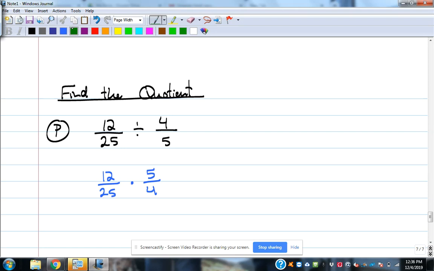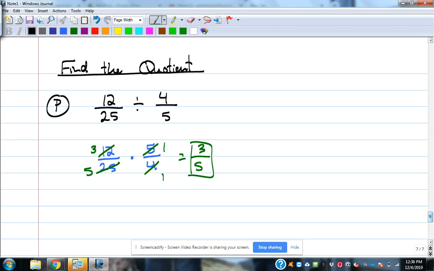All right, so cross cancel 4 and 3, 5, 1, so 3/5. So division doesn't change the rules any, just we got one extra step.